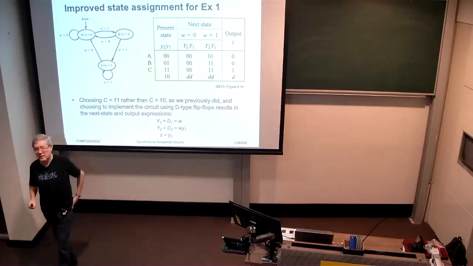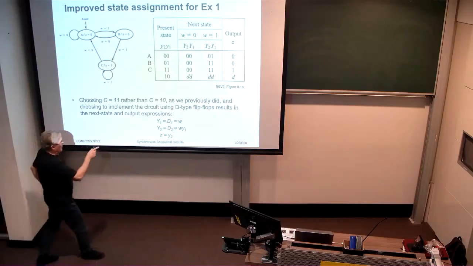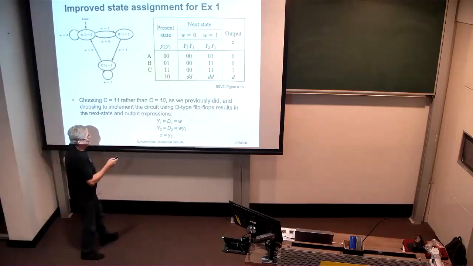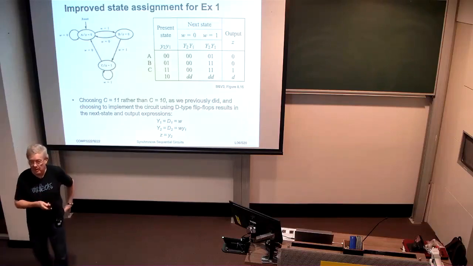So the only thing that matters is that W is 1 to determine capital Y1, if we're using D-type flip-flops. And as for capital Y2, it's now true whenever lowercase y1 is 1 and w is 1.